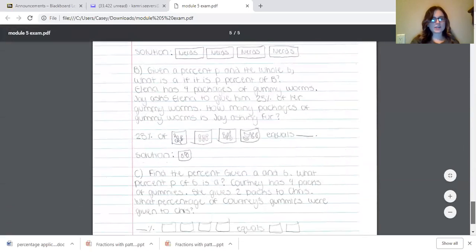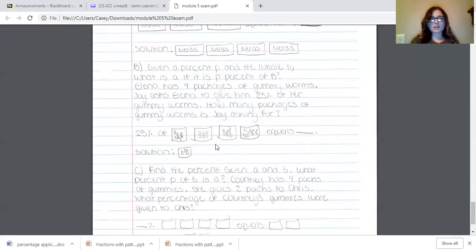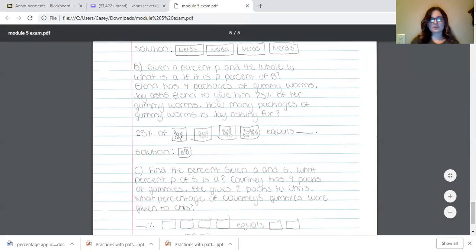So here's our poster. So we have 25% of 4 packages of gummy worms equals blank. So the solution would be 1 package. 25% of 4 packages of gummy worms would be 1 package.